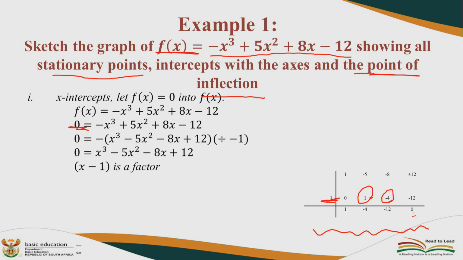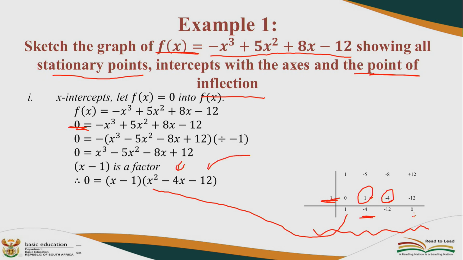So this is correct. Okay, then if I continue, in this value of 1, that's what you see there, negative 4 is given in there. Negative 12 is also there.